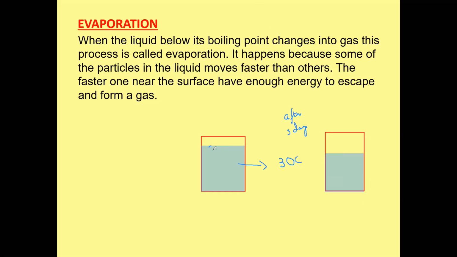Why did the level of the water decrease? Because the molecules at the surface escape. So as the molecules at the surface escape, the amount of liquid or the volume will decrease. But what happened to the temperature? It will be more than 30 or less than 30. After 3 days, it will be above 30 or below 30.